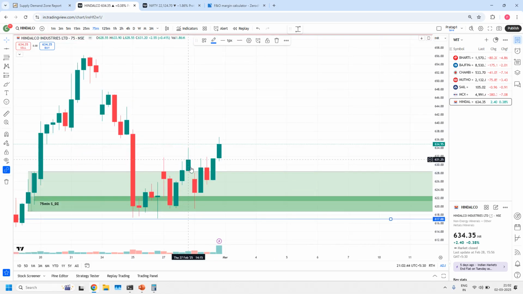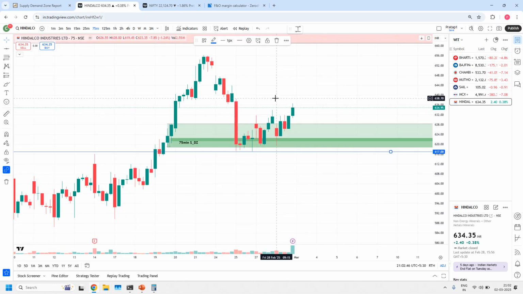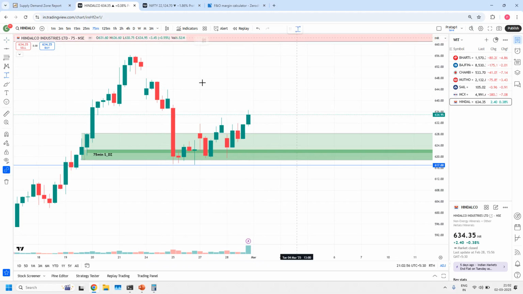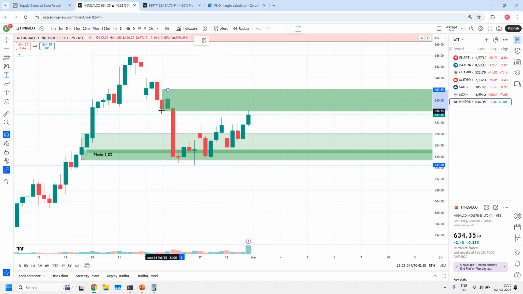After that, prices started moving up. Probably you will hold until it reaches this target, this 75 minutes target. Actually, it reached the target. See here, target it reached.